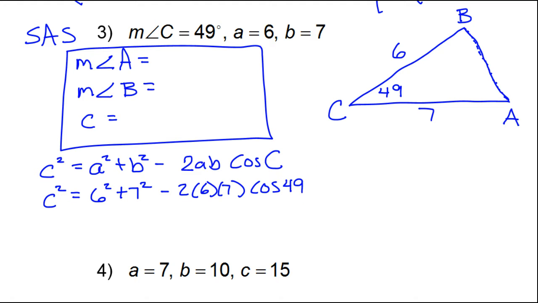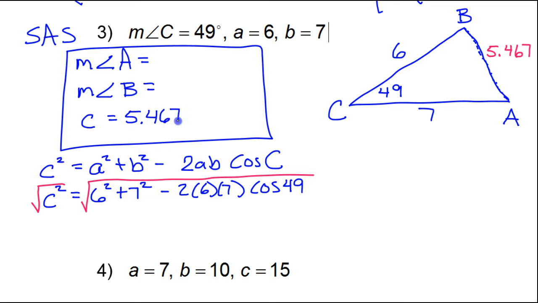To get c by itself, we need to take the square root of both sides. Put this entire expression in your calculator all at once, and that'll give you side c. I got 5.467. As always, carry 3 decimal places, please.